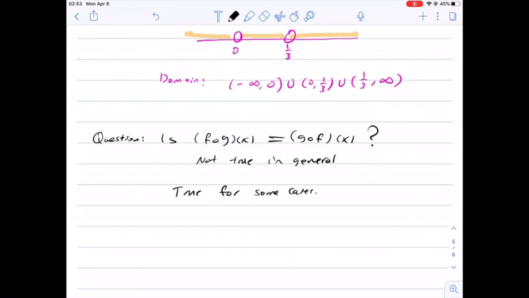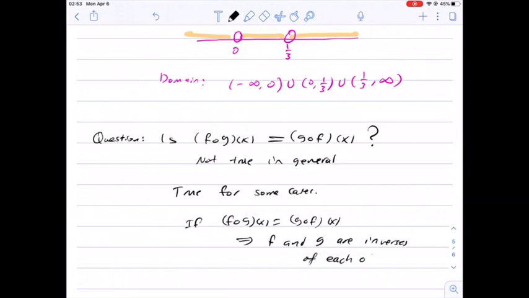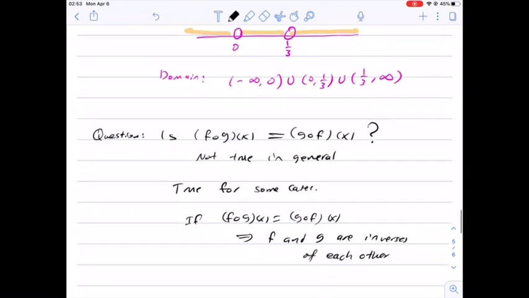We'll talk about this later, but I just want to mention here that if f circle g of x is equal to g circle f of x, that means f and g are inverses of each other. Those are inverse functions, inverses of each other.